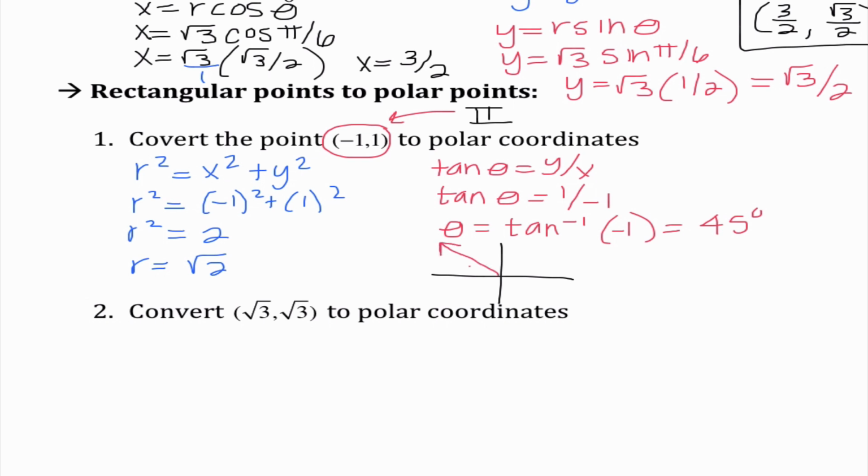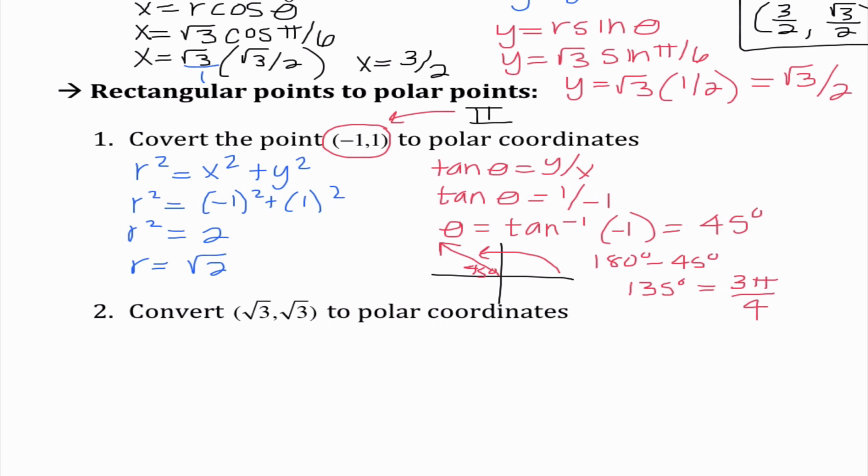So there's no way that this is 45 degrees, but what it does mean is that this little piece could be 45 degrees. So in order to determine what this angle actually is, I would need to do 180 minus 45, which is 135 degrees, or 3 pi over 4.